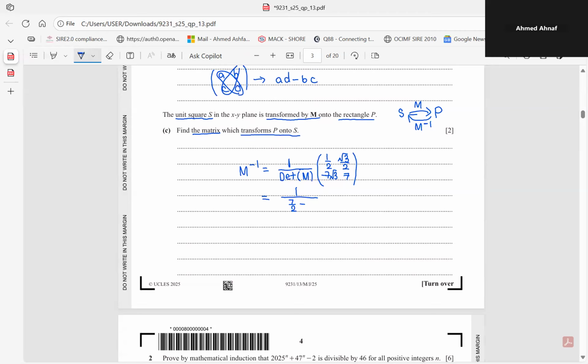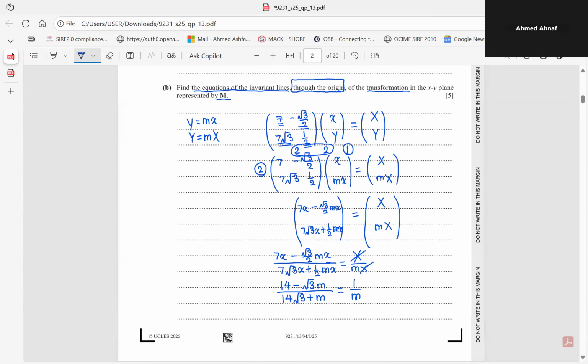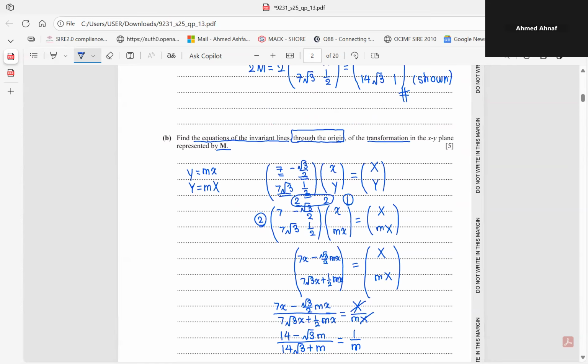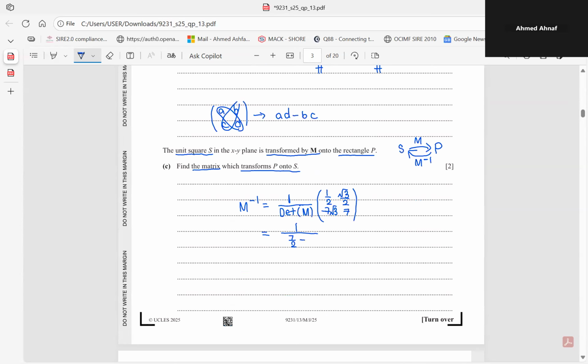So BC would just be minus square root 3 over 2 times 7 over square root 3. Type it into your calculator. It's minus, yeah, be careful with this question. Always check back to your original. You would get minus 21 over 2. So plus 21 over 2 times this matrix.